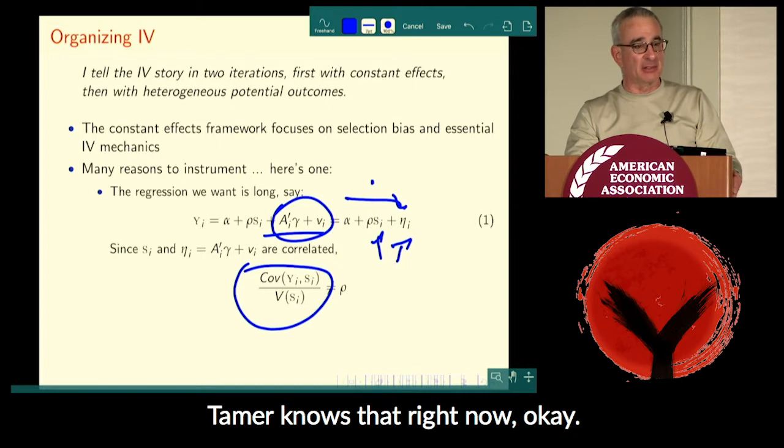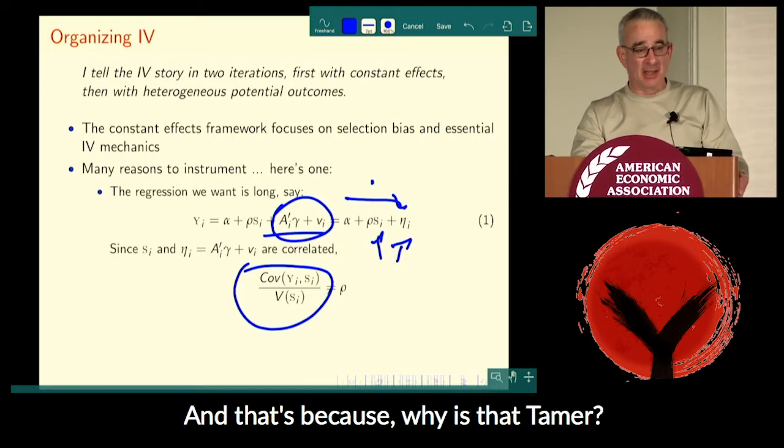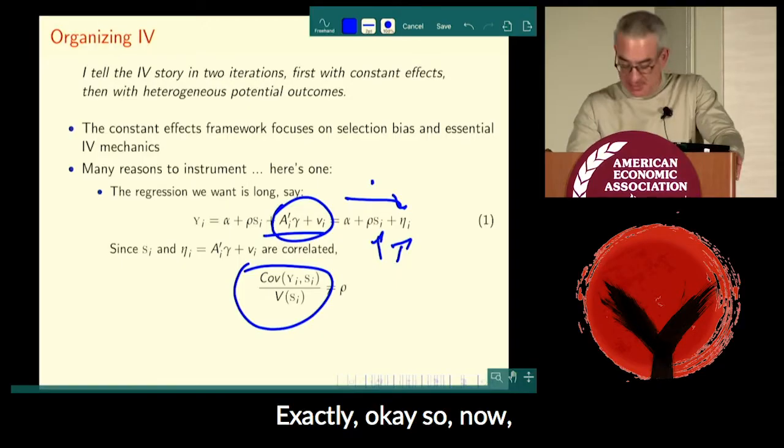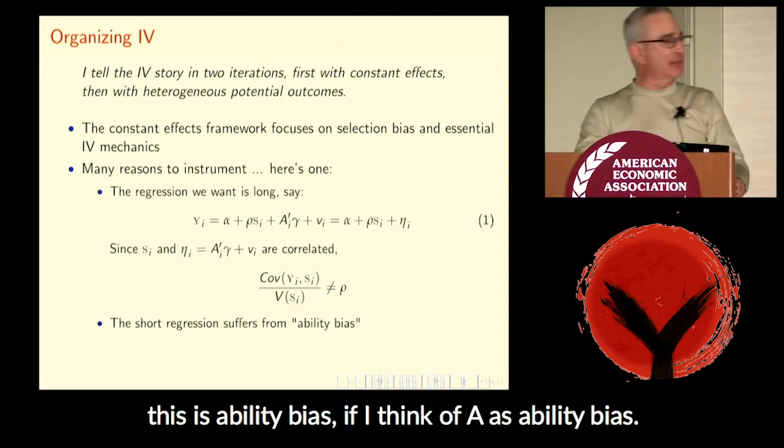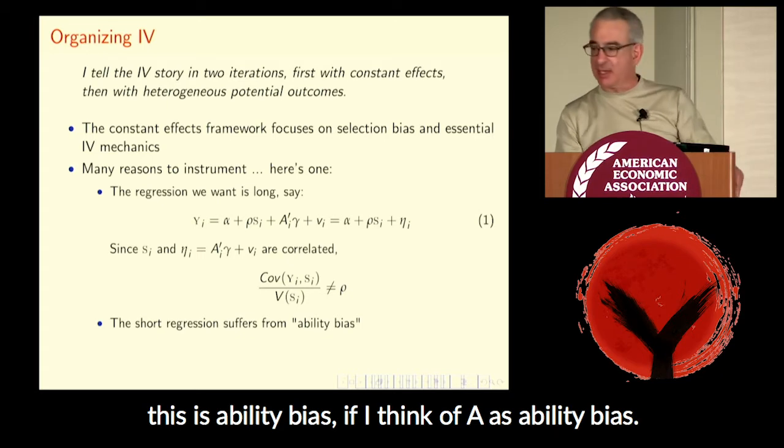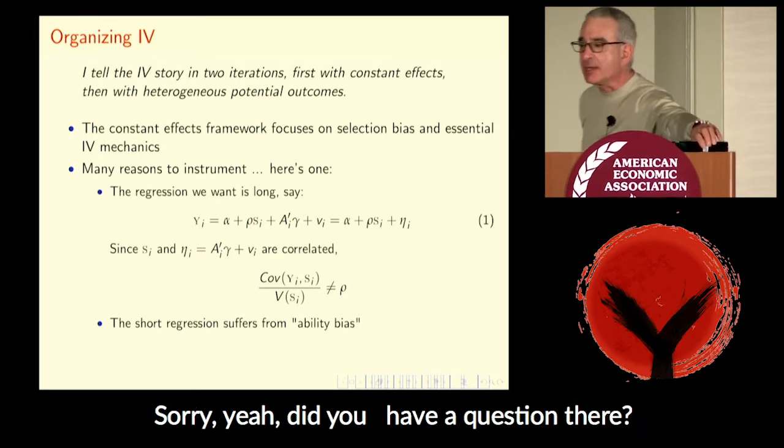Tamer knows that right now, okay? And that's because, why is that, Tamer? Because there's a correlation between A and S. Exactly, okay? So now, and in the labor vernacular, we would say this is ability bias, if I think of A as ability.